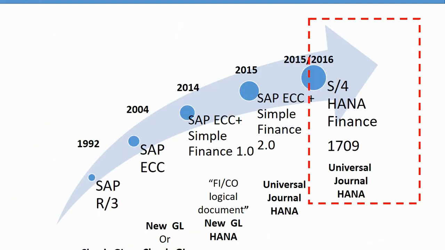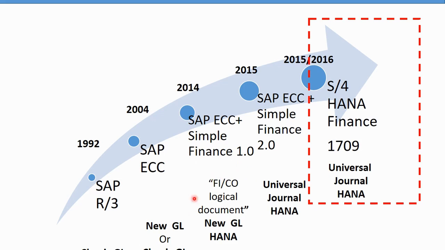So before we jump into the system itself, just a quick pictorial to remind you of the evolution again. R/3, classic GL, any database, 1992. Going forward in the 2000s, SAP ECC, you could choose classic or new GL. If you were a new installation, you'd probably start with new GL. If your company already had SAP, you might be stuck on classic on any database. Then for many years, as you can see, things didn't change, but 2014 stepped on the gas.